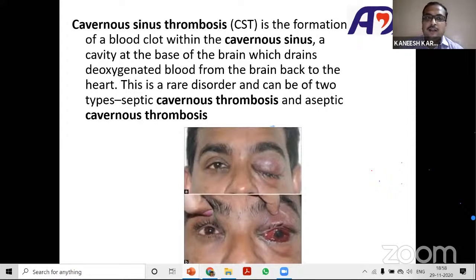We'll see how. Cavernous sinus thrombosis is the formation of a blood clot within the cavernous sinus, a cavity at the base of the brain, which drains deoxygenated blood from the brain back to the heart. This is a rare disorder and can be of two types, septic and aseptic.